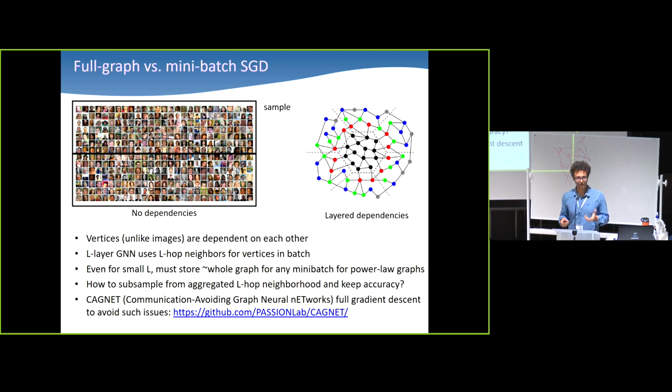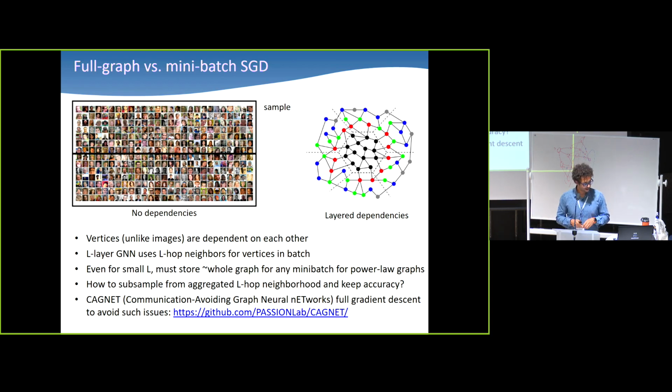So for the purposes of this talk, I'm going to take a shortcut and say we're going to train on the whole graph. What that means is full graph training. So instead of taking a small piece and trying to train on this, we're going to use the whole graph all at once. There are pros and cons to this method, but this seems to be actually faster because it doesn't redundantly touch the same things over and over again, even though its convergence is a little slower.